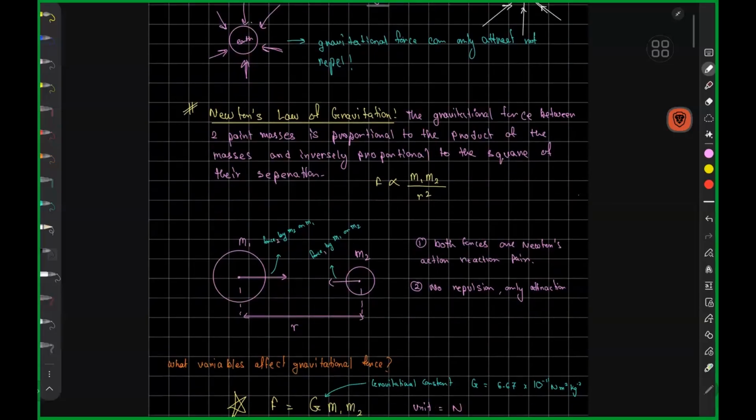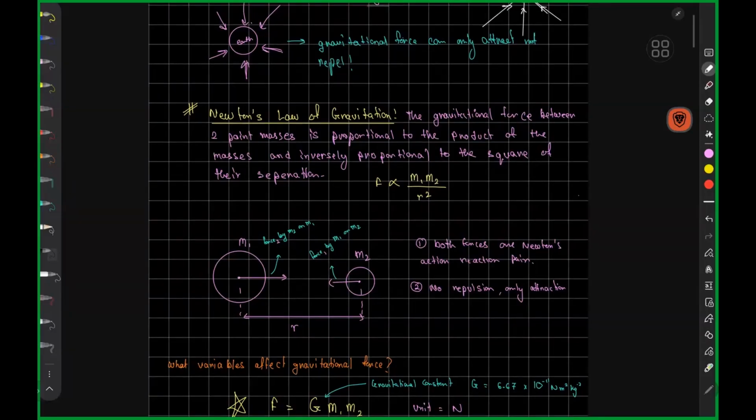If I have two objects over here, one of mass m1 and the other of mass m2, what is the net force between these two? If you have studied by now, whatever force m2 exerts on m1 should be exactly the same as the force m1 exerts on m2.